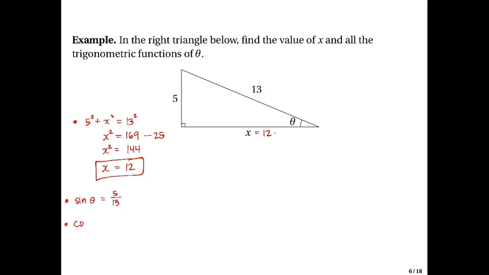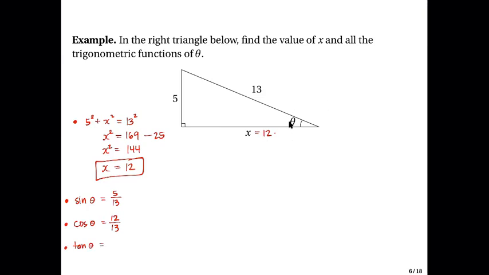Cosine theta: adjacent here is 12, and then the hypotenuse is again 13. And then we have the tangent theta.